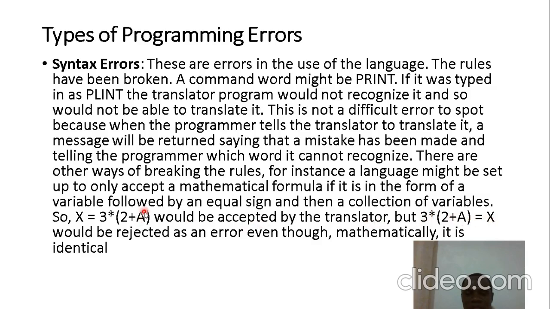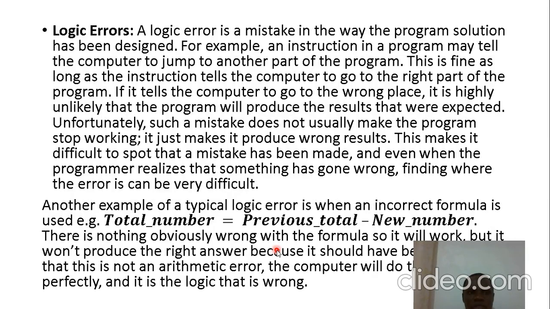If a programming language is meant to look at it this way and not that way, then this will still be a syntax error, because things have been reversed and not written in the correct order, even if mathematically this is still looking okay. That is a syntax error.